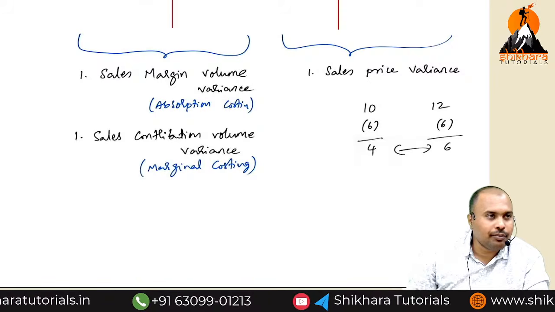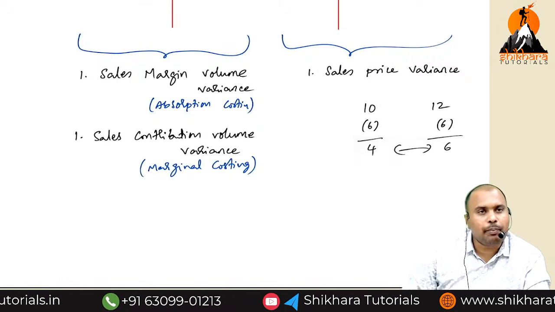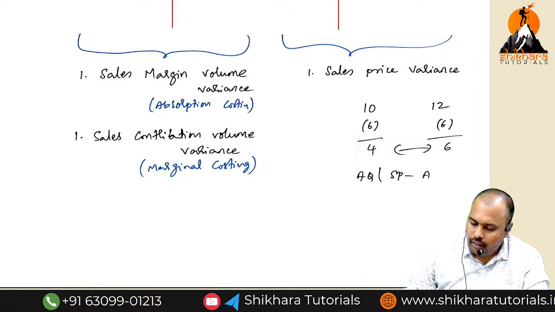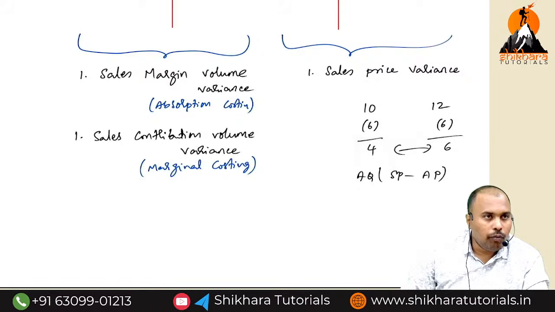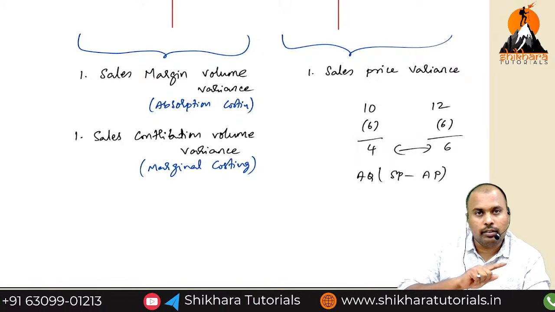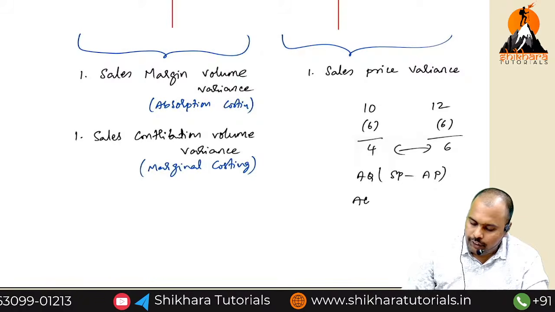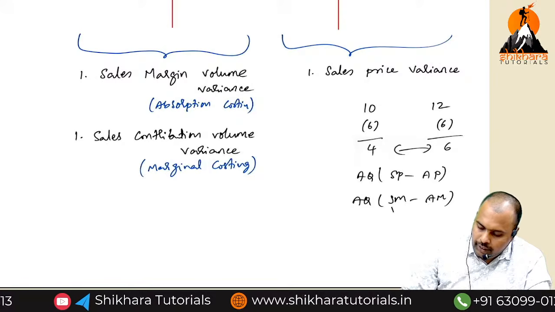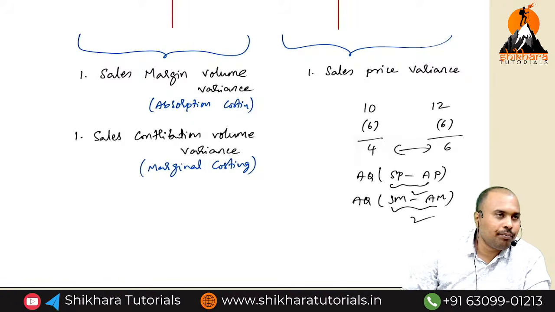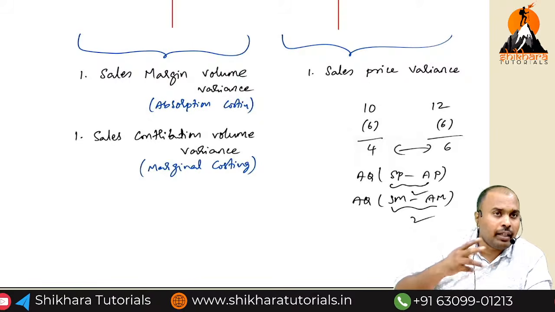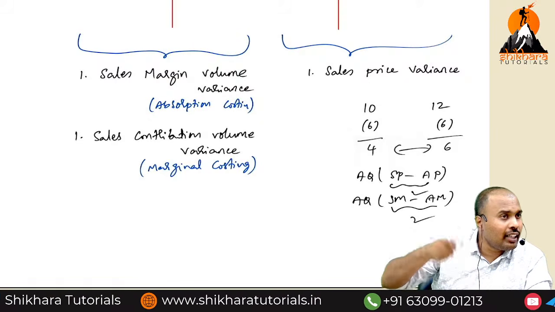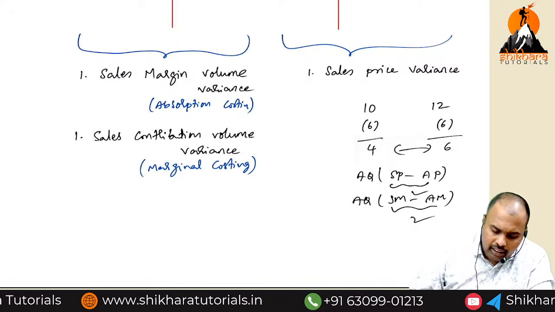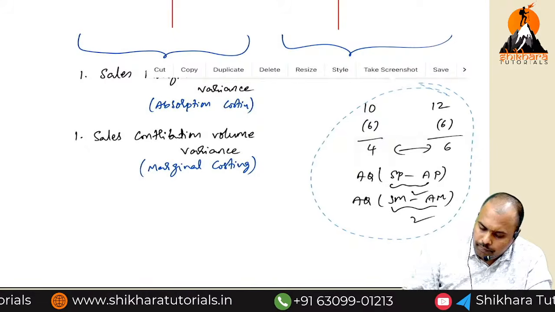What is the difference between these two? Anyhow 2. Price variance formula is actual quantity into standard price minus actual price. Sales margin price variance is actual quantity into standard margin minus actual margin. Difference between margins is 2, difference between prices is also 2, because from the selling prices we deduct the same standard cost per unit in both cases. Clear? You saw the reason yesterday. Why should we deduct the same? Clear?